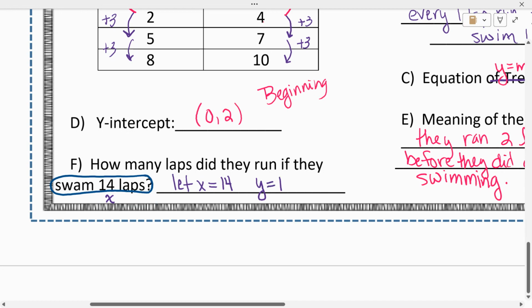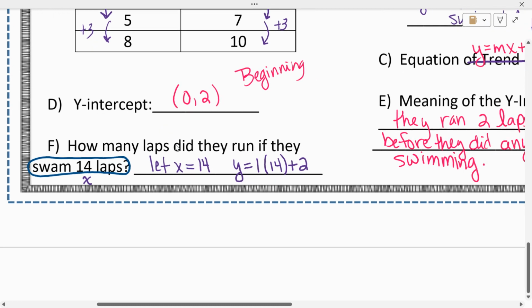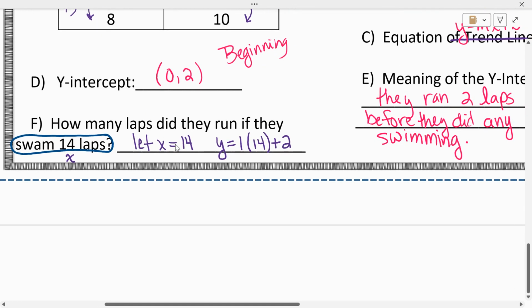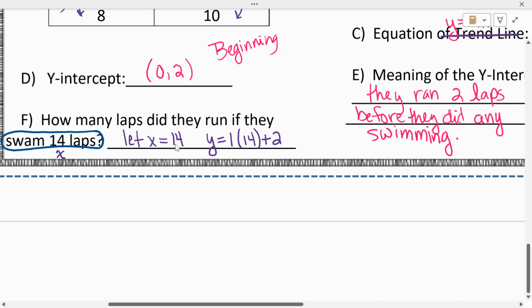Y equals 1 times 14 plus 2. Well, what is 1 times 14? Plus 2 is? So they ran 16 laps.